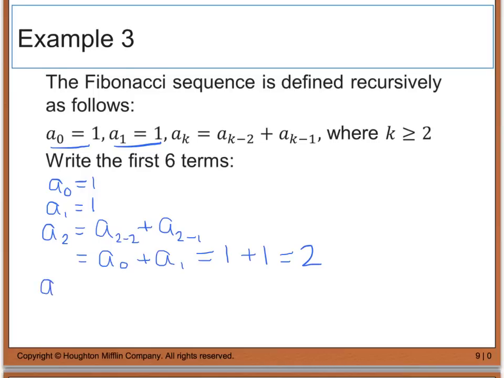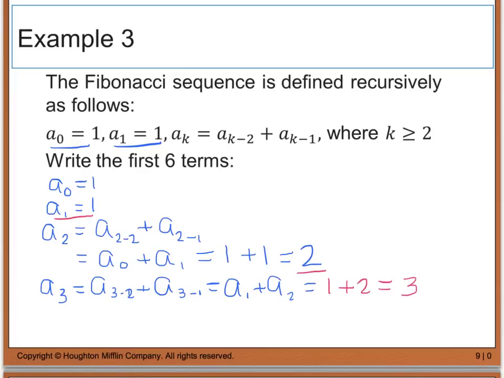Now I'm going to do the same thing for my a sub 3 term. A sub 3 becomes a sub 3 minus 2 plus a sub 3 minus 1. Well, my a sub 3 minus 2 is really my a sub 1 term plus my a sub 2 term. A sub 1 we said was equal to 1 plus my a sub 2 we just found was 2, and this is going to give me 3.